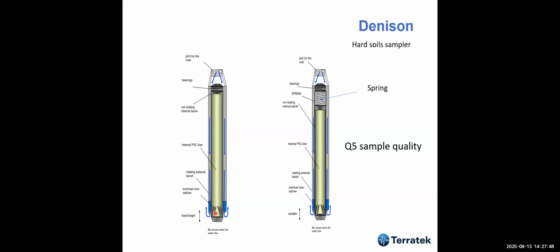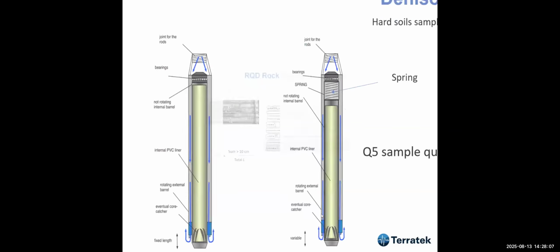It has the spring here at the bottom, but not at the top. And there are some advanced models with the spring here, which controls the force here at the bit. So it's a better one.